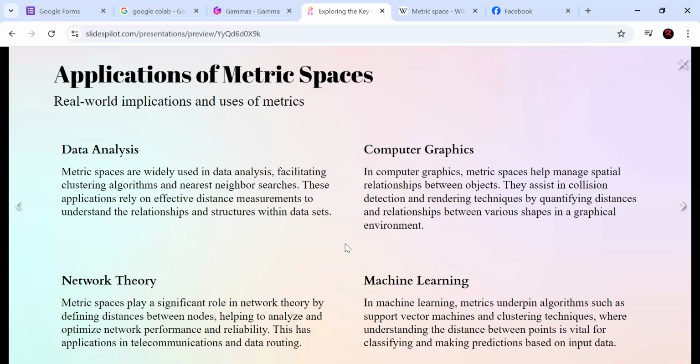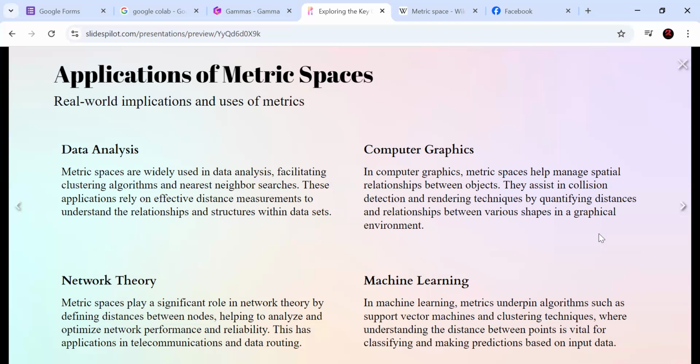And the last one is machine learning. In machine learning, metrics underpin algorithms such as support vector machines and clustering techniques, where understanding the distance between points is vital for classification and making predictions based on input data.